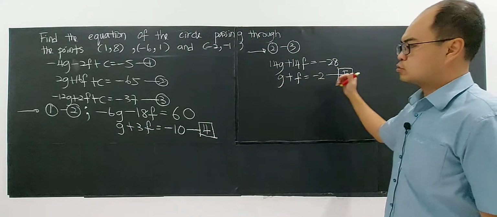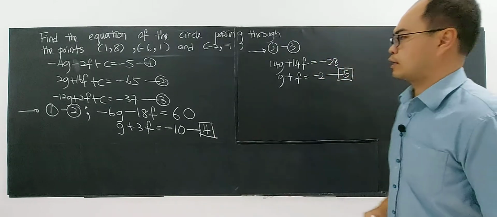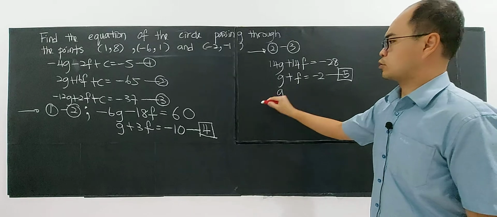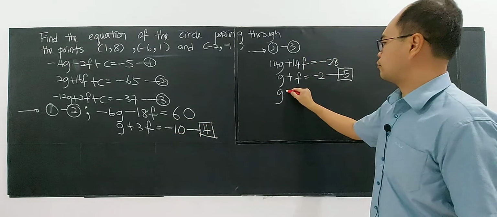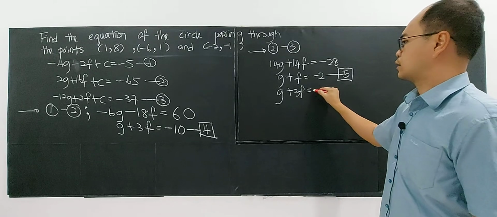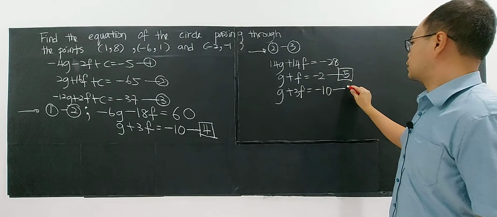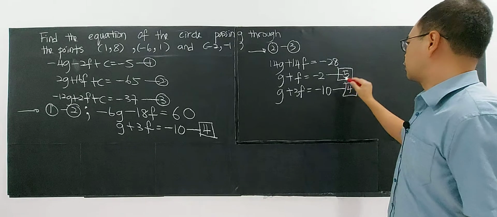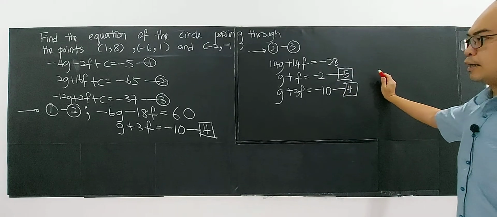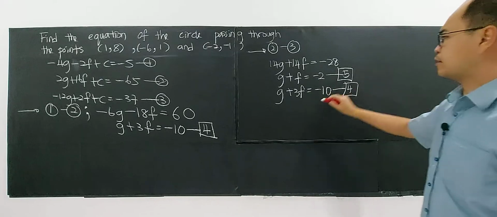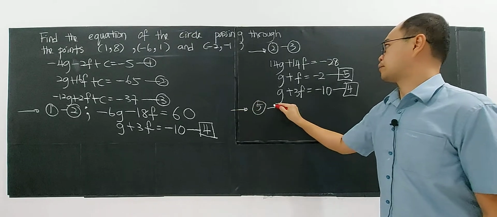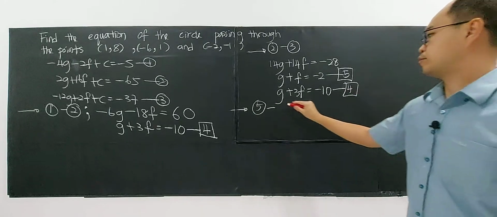And we can use these 2 equations to find the value of g and f here. We can also apply elimination. As you know, g plus 3f is the same as negative 10, equation number 4. Now I take equation 5 subtract equation 4.